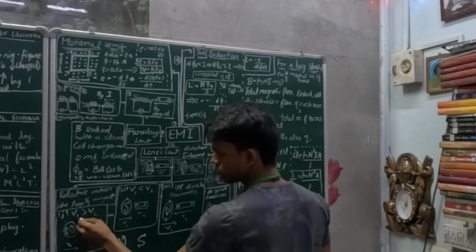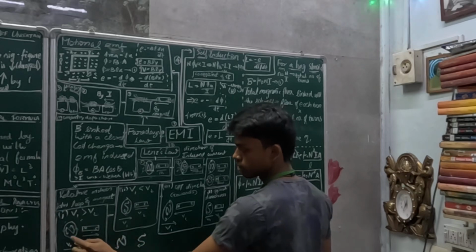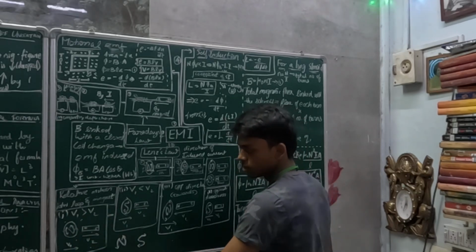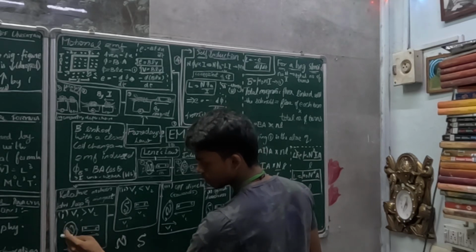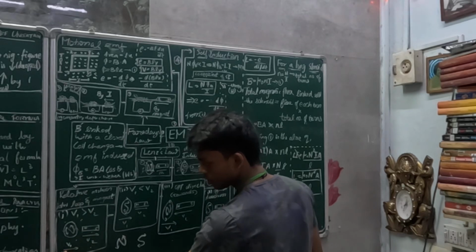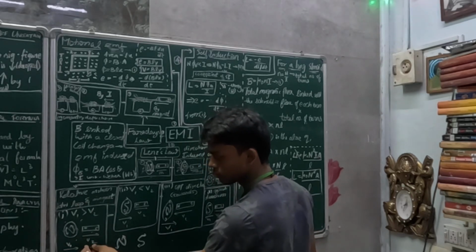In the first case, we take the velocity of the loop to be greater than the velocity of the magnetic field. Here, we can observe the loop is moving in an anti-clockwise direction due to its greater velocity than the magnetic field.